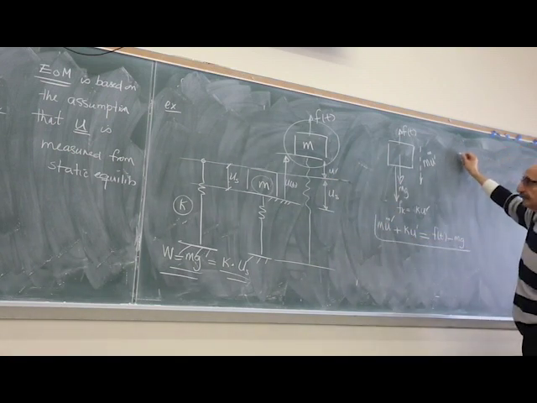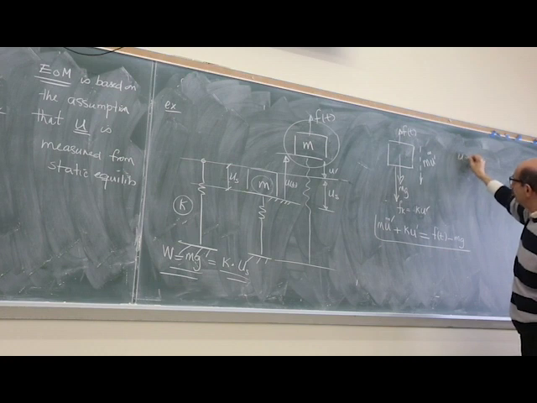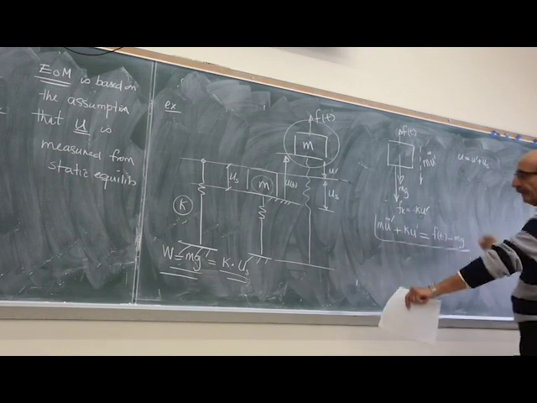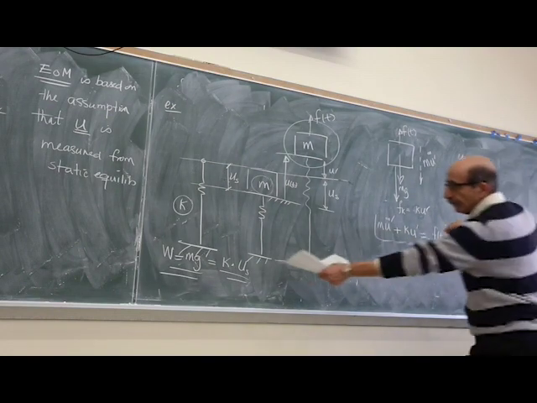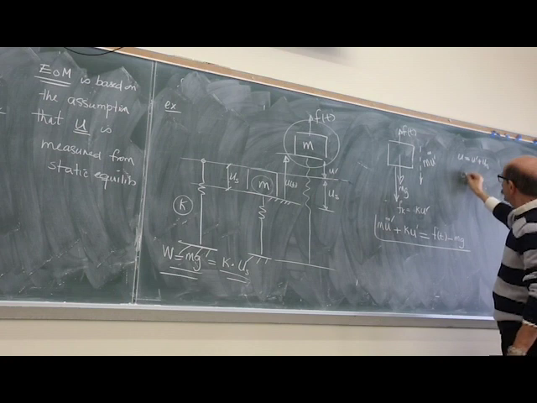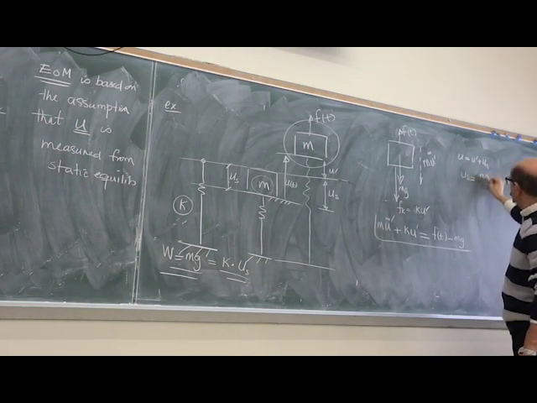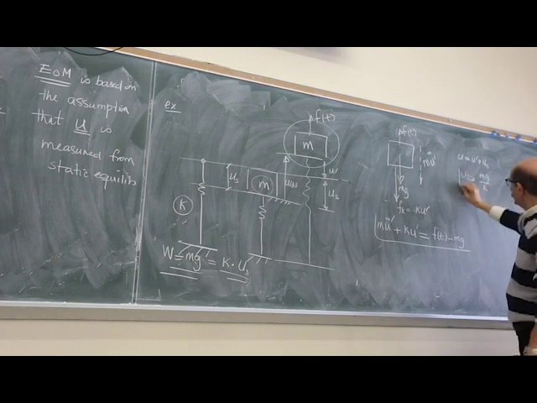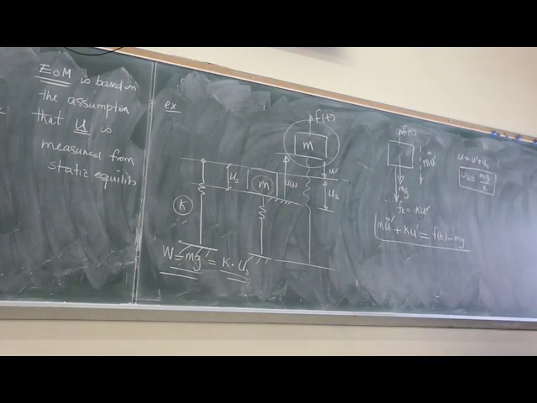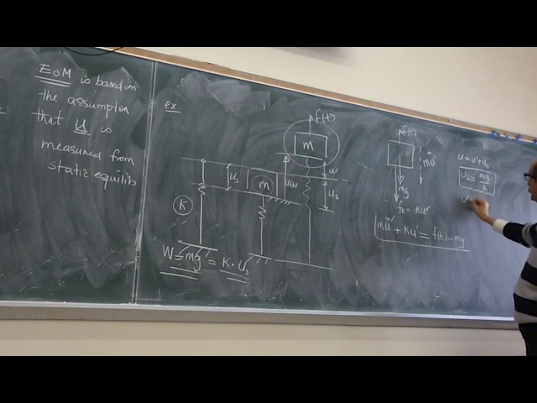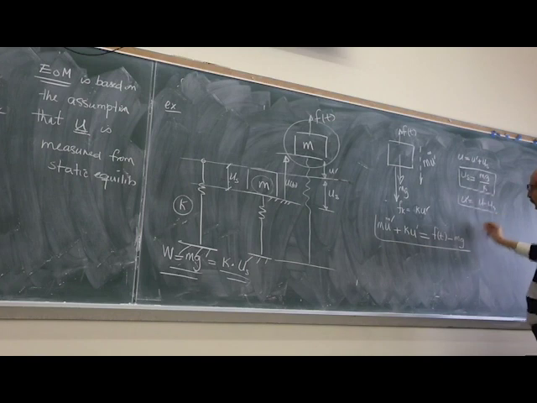But you look at here, u is u prime plus u sub s, where u sub s would be mg over k, okay? And u prime then is u minus u sub s.